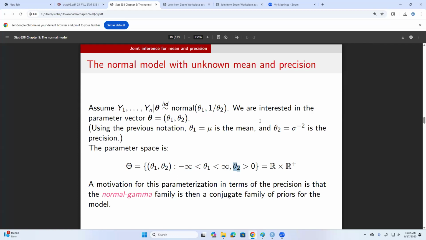A motivation for this parameterization in terms of the precision is that the normal gamma family is then a conjugate family of priors for this model. And we'll see that a normal and gamma prior gives you again a normal gamma posterior distribution.